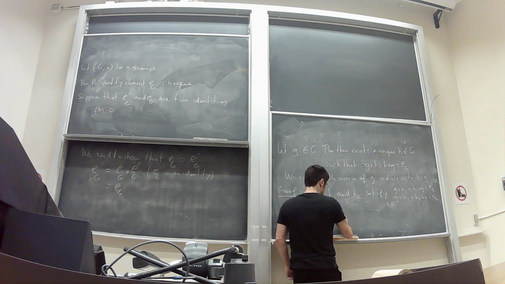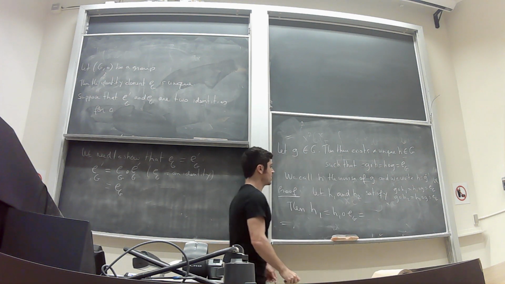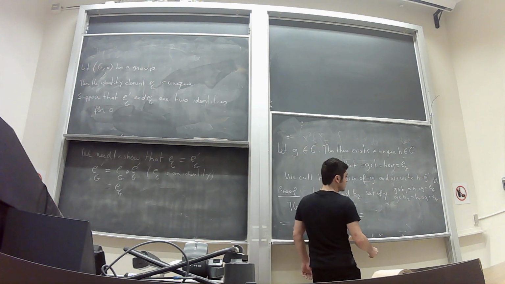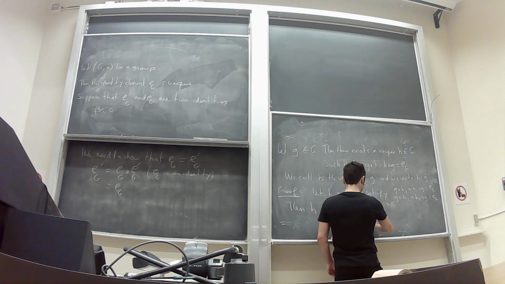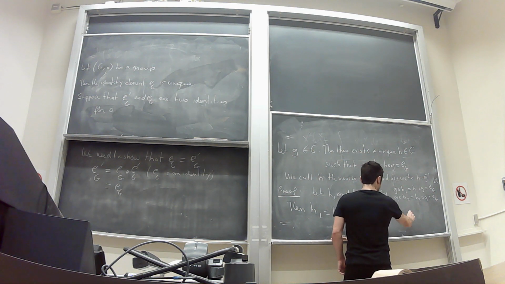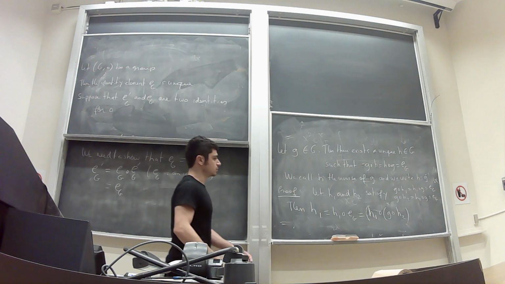It's h1 times e_G. Now what is e_G? What I want to say is g times h2. I just replace e_G by g times h2.